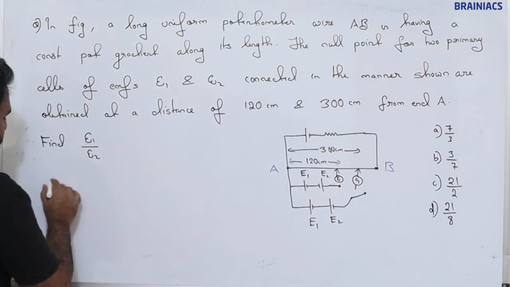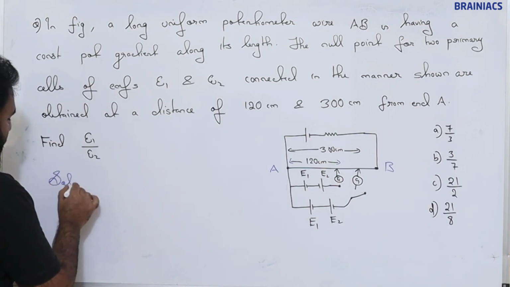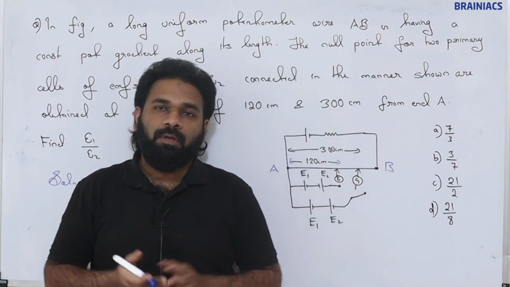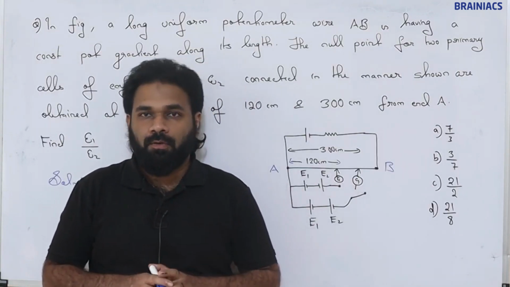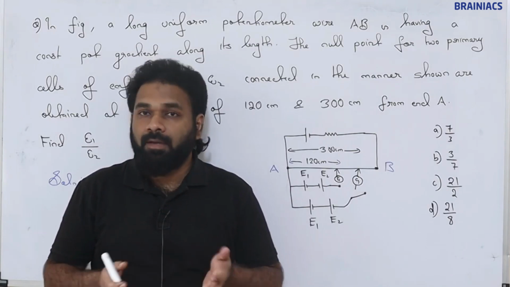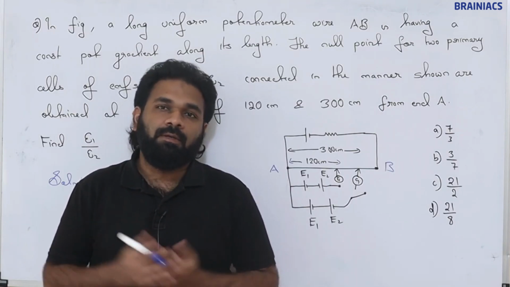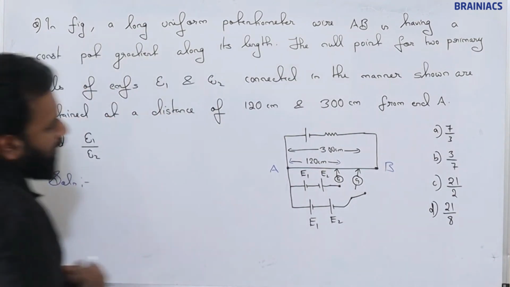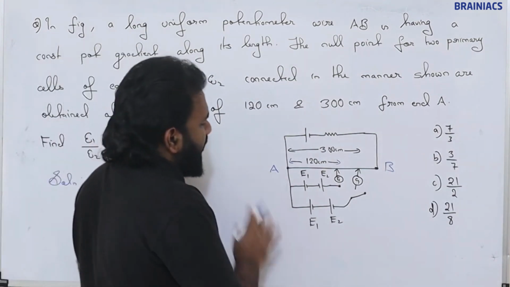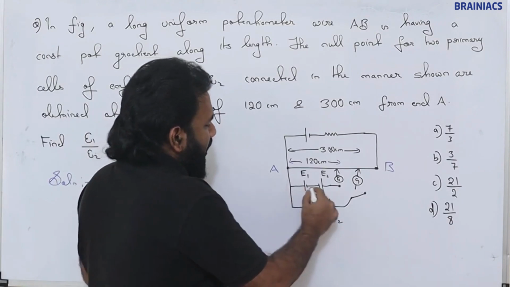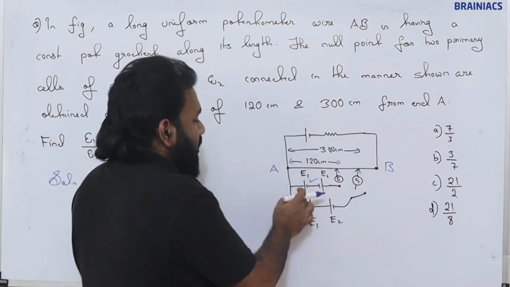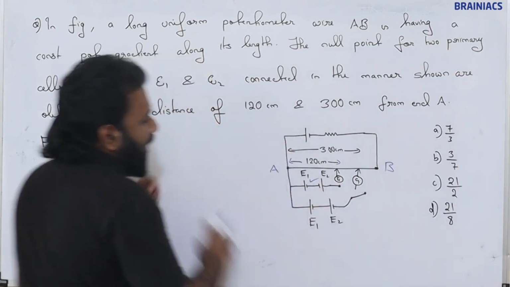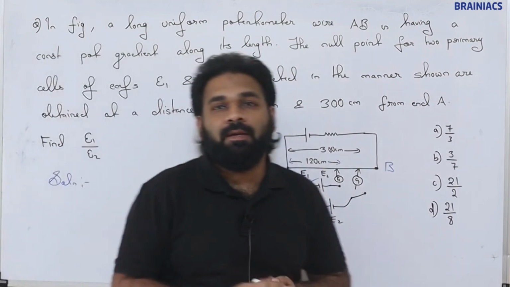So how to solve this? Again same concept only. Potential is equal to potential gradient into that distance, the balancing length. Now first case we will consider the first one. E1 plus minus plus, so they are connected in the opposite polarity.